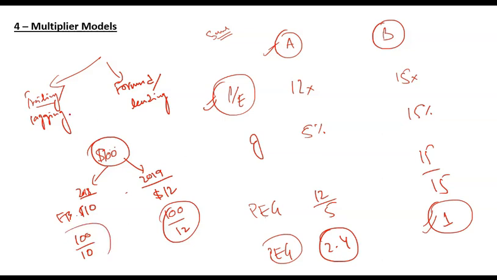So remember the difference between trailing multiple and forward multiple. If you are using forward multiple, you will compare it with the forward fundamental. If you are using trailing multiple, you will compare it with the trailing fundamental. So for past data, we will be using lagging P/E. And for forward you will be using forward data. So for example, if I tell you that the multiple is 12x, tell me the price.